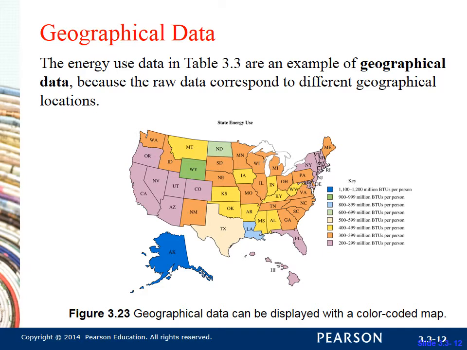Then I have another kind of a greenish one. Oh, Wyoming was dark green. North Dakota is light green. Then I start kind of working my way down to the orange guys, or 300 to 399. I have a whole lot of those. And interesting, you can see that the purple is a lot of the Midwest states there towards the west of the country.